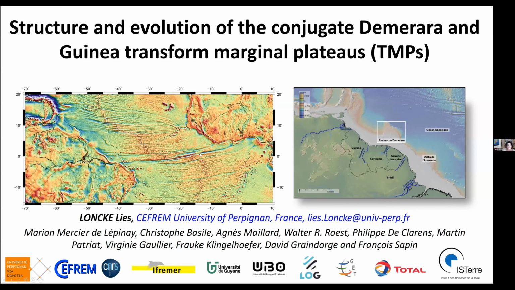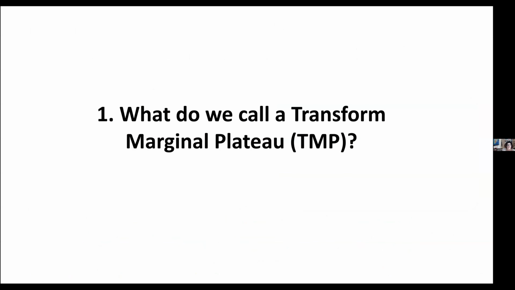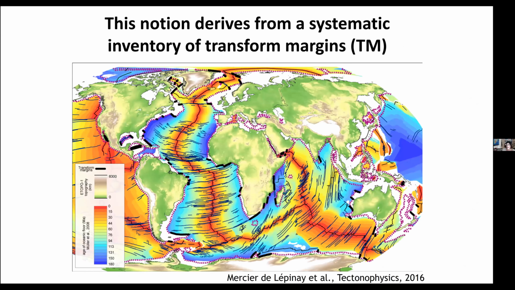So first of all, what do we call a transform marginal plateau, or TMP? This notion derives from a systematic inventory of transform margins. You see here on this map all transform margins in the world, represented by black bold lines.